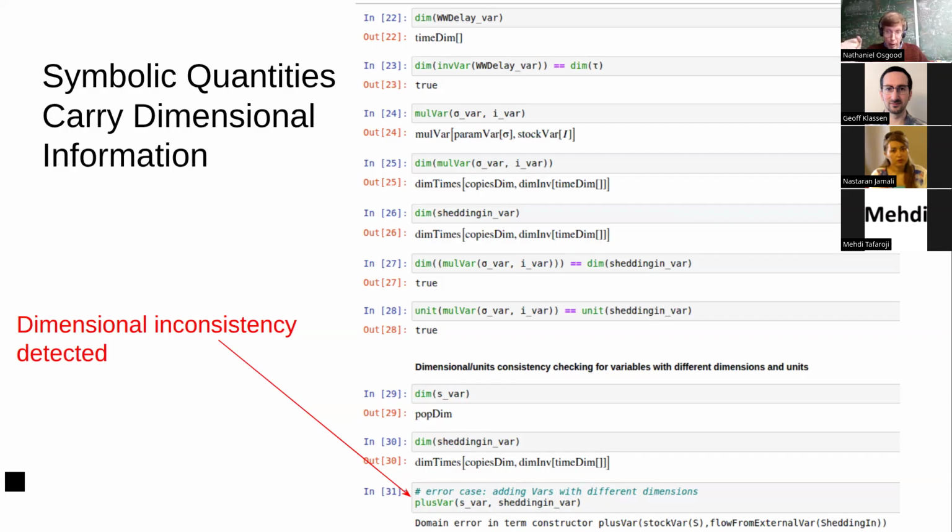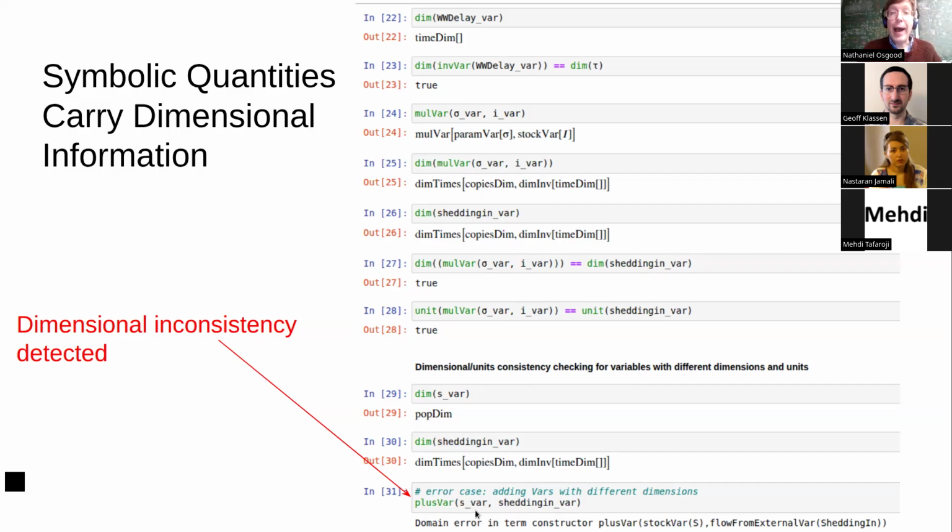They are symbolic, but these expressions, these formulas, encode the dimensions and units, and it tracks them all through. But beautifully, it prevents us from doing something that's incorrect.